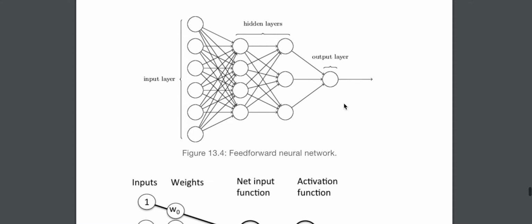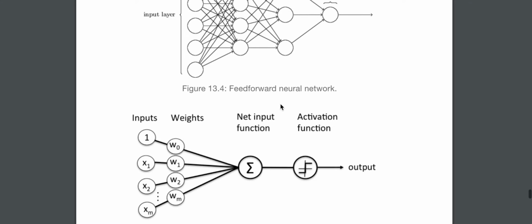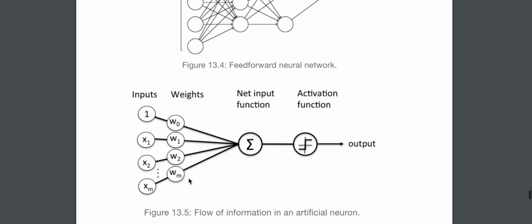Each input is multiplied by a weight. Then there is a summation going on, and then it goes through some non-linearity. It can be a sigmoid, it can be linear, it can be rectified linear, and each of them will lead to different networks with different properties.